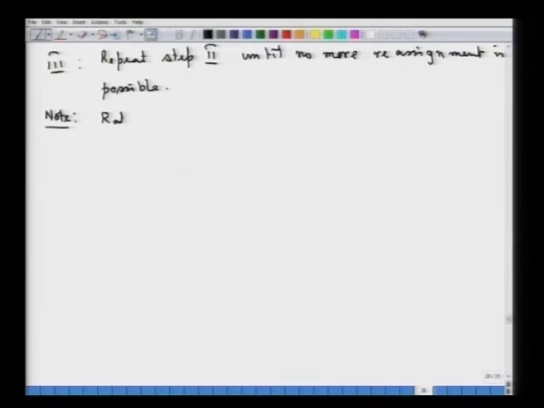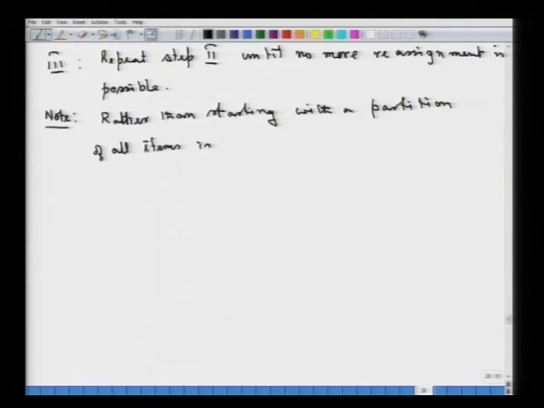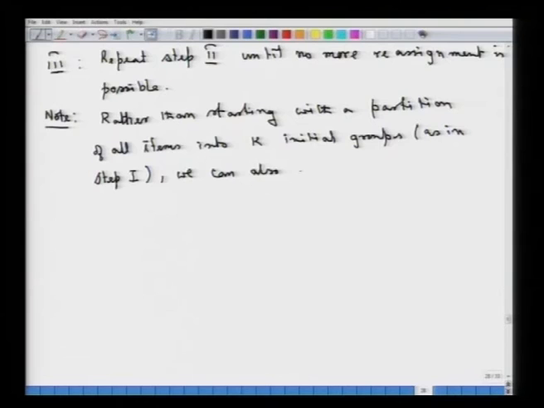Now, I just put it as a note: rather than starting the k-means algorithm with a random partition of all items into k initial groups, which is what we have written in step 1 of the algorithm, we can also assign seed points.